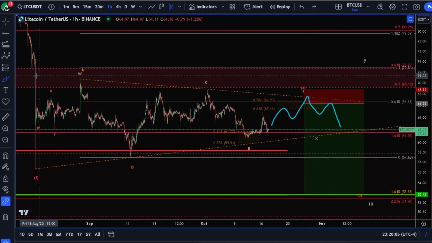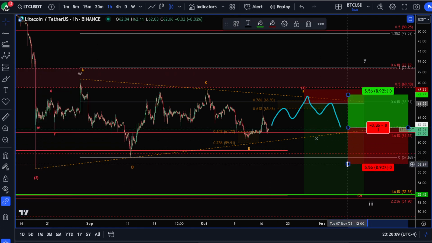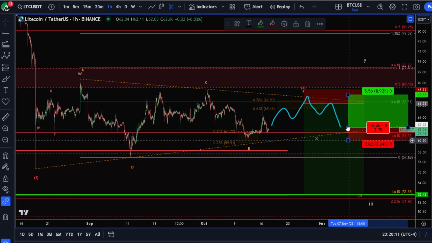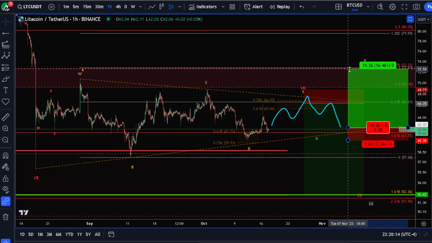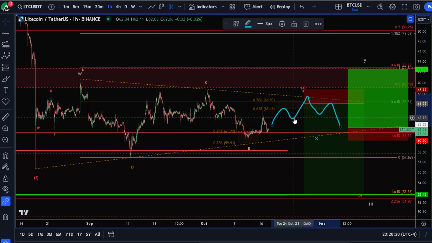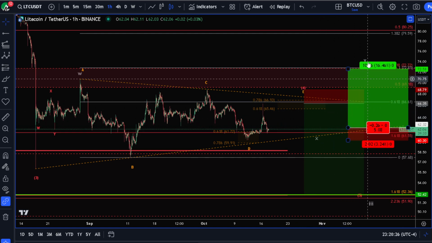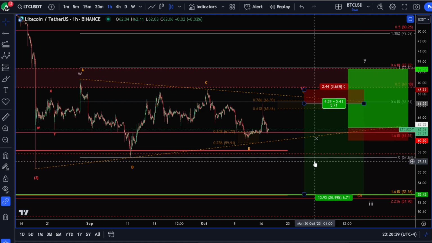But if we get something like this, I can be like, okay, this is possible now too. Either one is possible, so I should probably take them both. And during this whole area here, I'd be pretty much up a little bit, I believe, because I'd be short in here and long from here, so I'd be up a unit or two within this area till one side stops out the other.